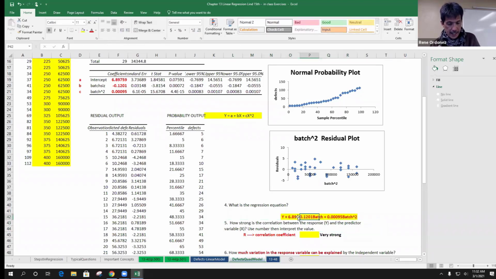So this is what we call the quadratic model.